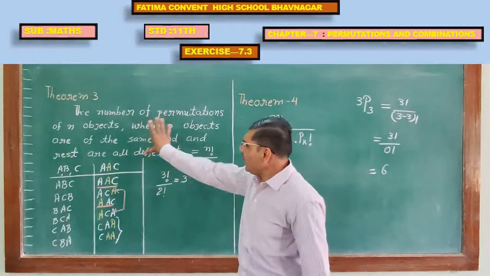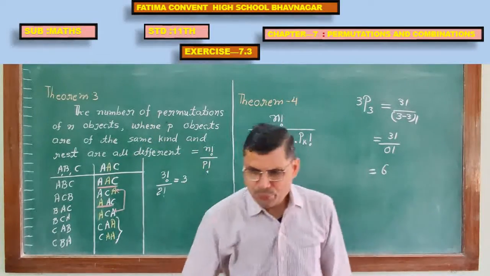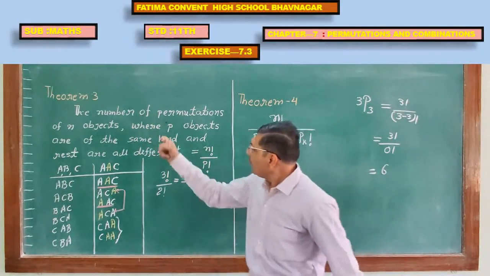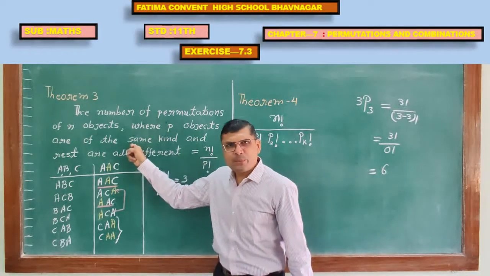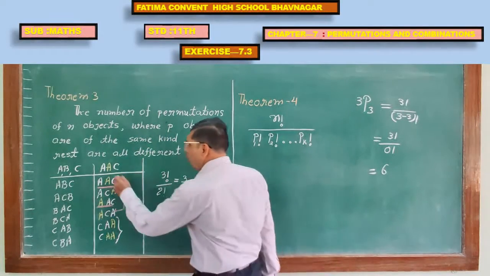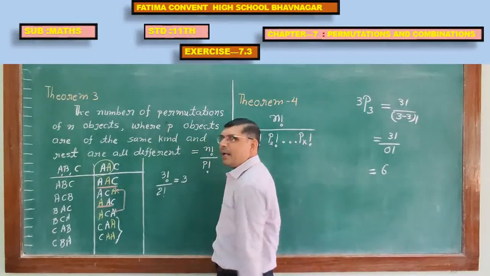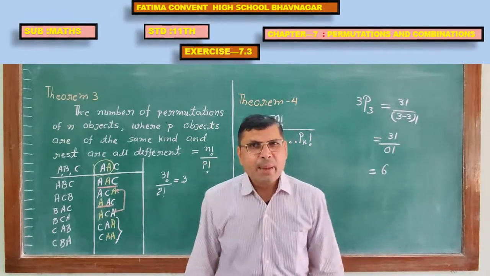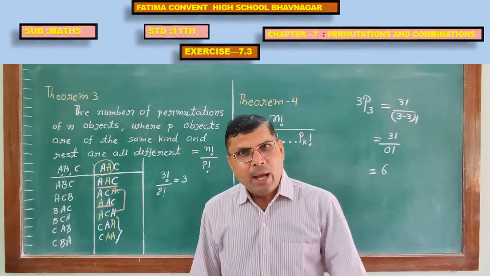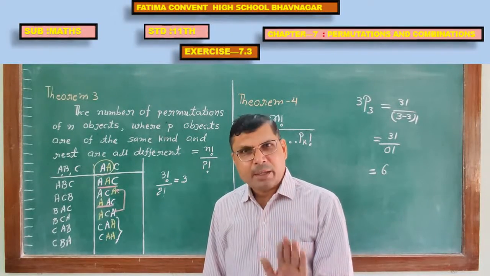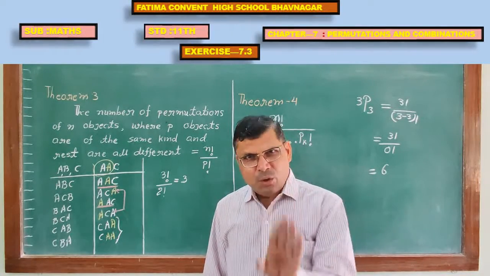Now, as I explained in this theorem, suppose p objects are of the same kind, meaning both A are the same. But just to explain to you, I am using a different color. Remember, A is A only.